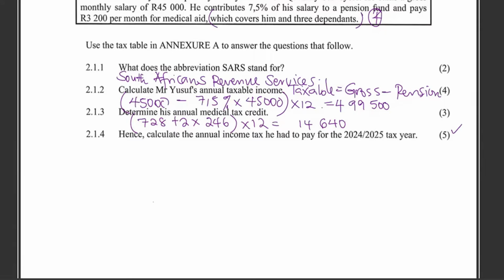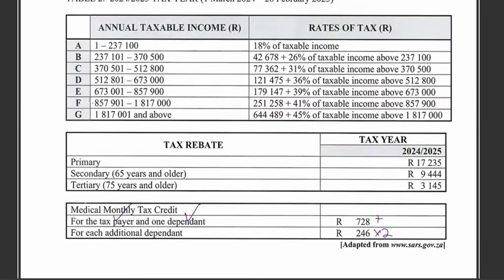Question 2.1.4: calculate the annual income tax. So we are using the taxable income that we got. We shall come to the exam table. Remember, we are looking at 499,500. Which bracket does it belong to?